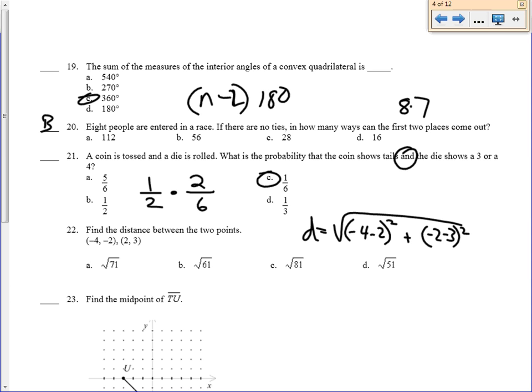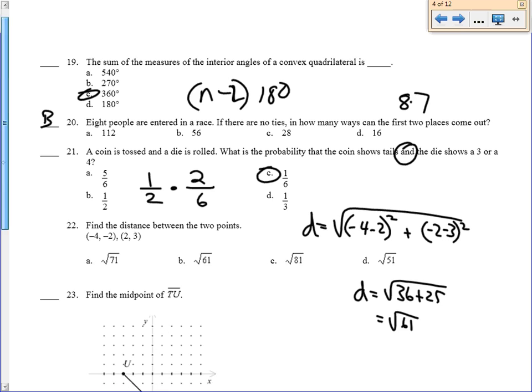Positive, you'll forget, and you'll go -6 squared, and not put parentheses around it. And so when I go -6 squared, it's supposed to be positive 36. Look, it says -36 right there. The reason that does that is because it does an order of operations. So the distance is 36 plus 25, and that's the square root of 61. Are there any perfect squares? No perfect squares that are the factors of 61 right there, so I get B, square root of 61.